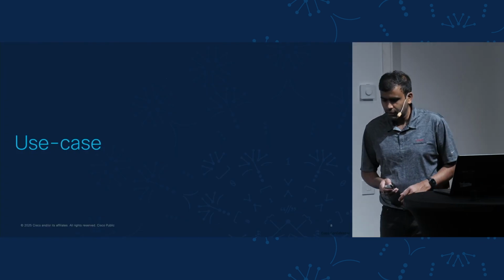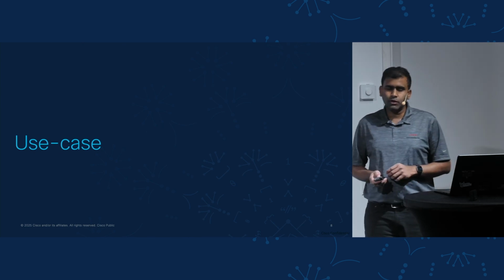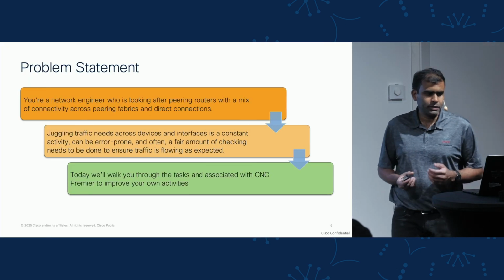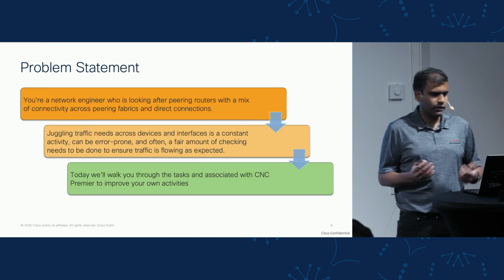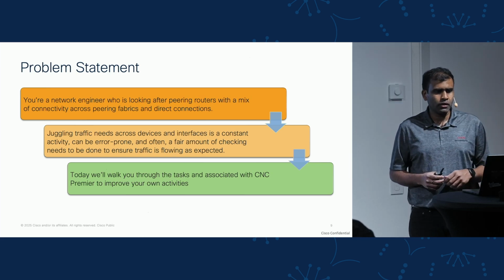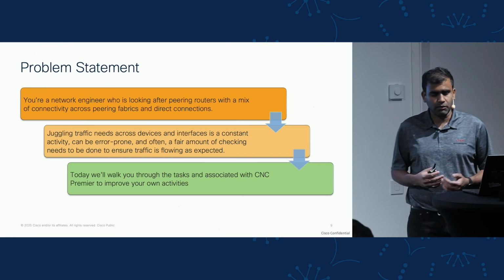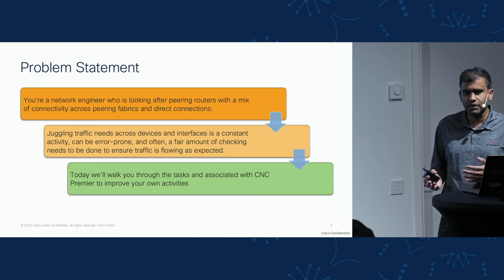Okay. So what use case are we looking at today? What is the problem statement? The problem statement is, imagine yourself as an operator who is looking at peering routers, which are a mix of both connectivities across peering fabrics and direct connections.